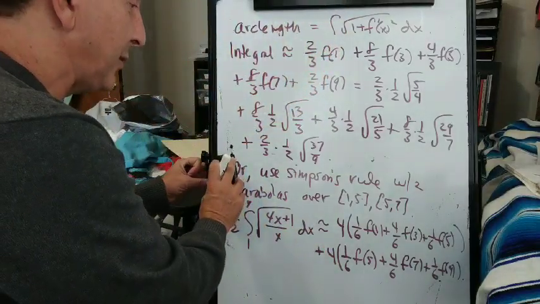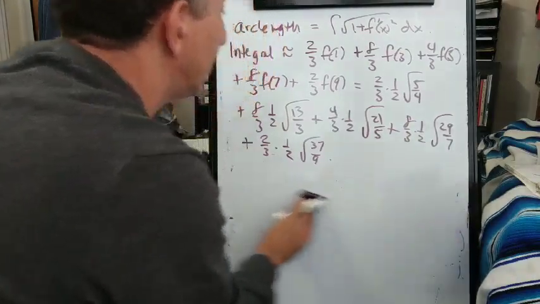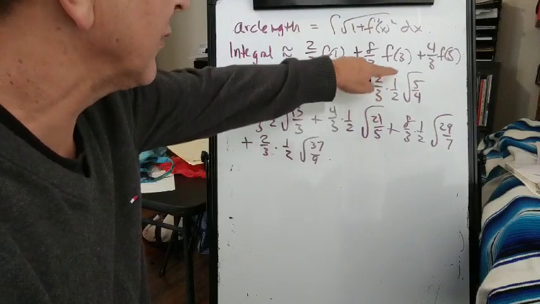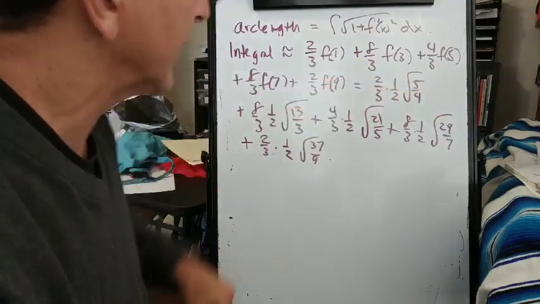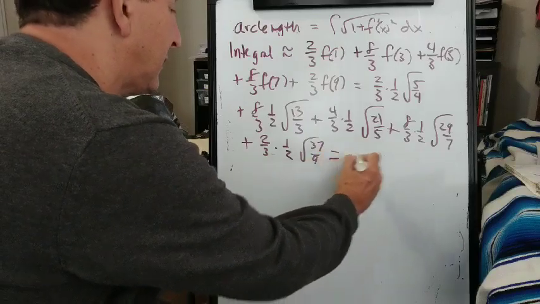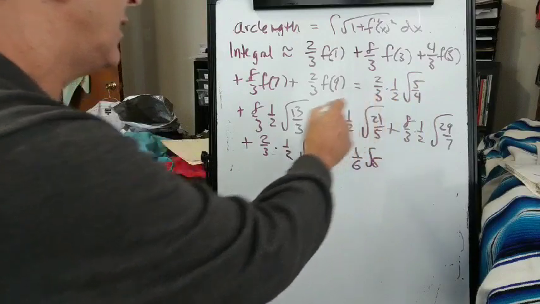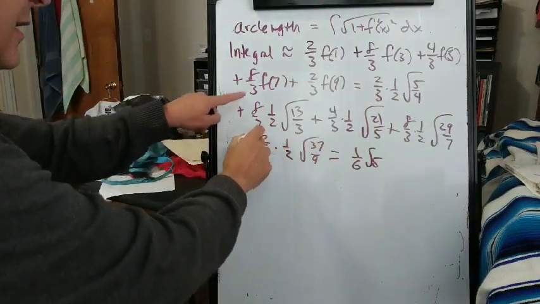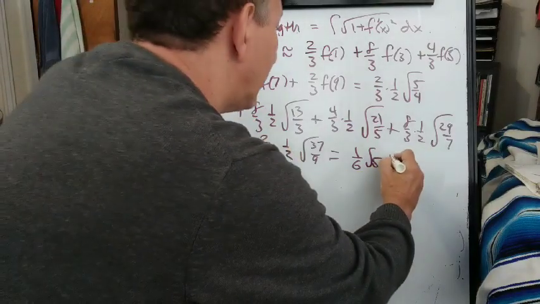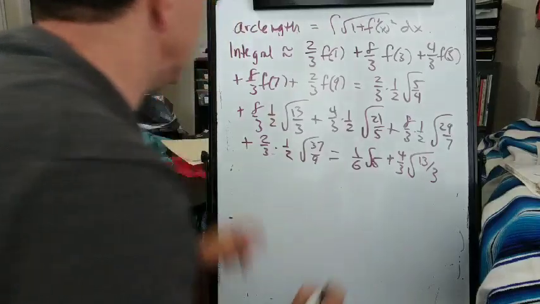And I guess there's a fair amount of simplification we can do here. 2's cancel, we have 1/3, and then the 4 can come out. So I guess it's 1/6 square root of 5. And then 8/2 is 4, so 4/3 square root of 13/3.